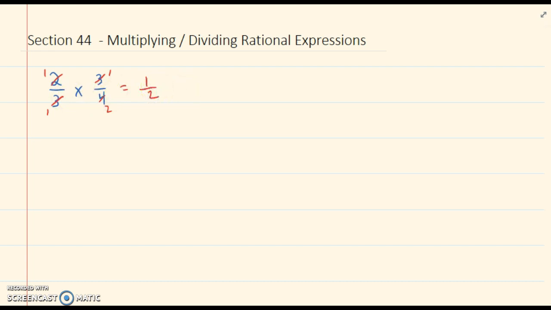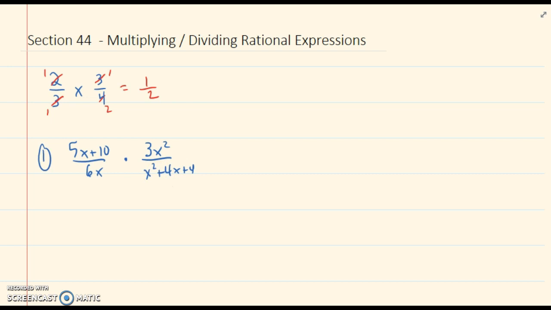Now what you're going to see next is much of the same thing, but with far more complicated expressions. So for instance, we might have 5x plus 10 all over 6x multiplied by 3x squared over x squared plus 4x plus 4. My first step, just like when we did simplification, is to look to see if I can factor anything.